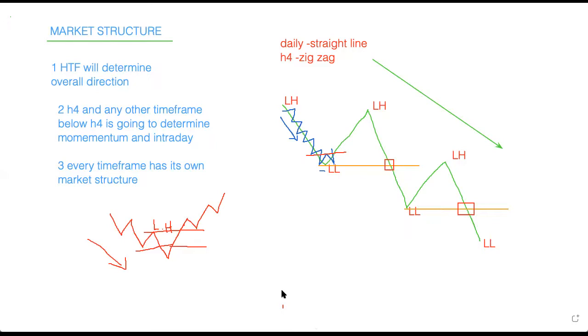Break of structural points means we've changed direction, and this has to happen in smaller time frames. Now H4 starts giving us higher highs, higher lows, higher highs, higher lows, until we do again what we call break of structure. We now change direction and we are now moving like this.